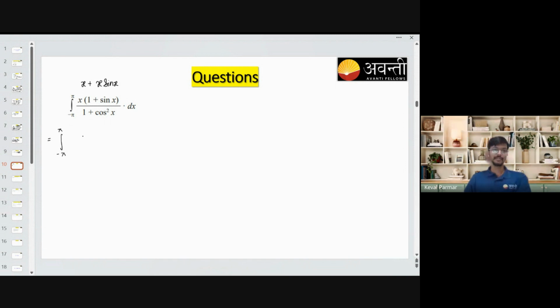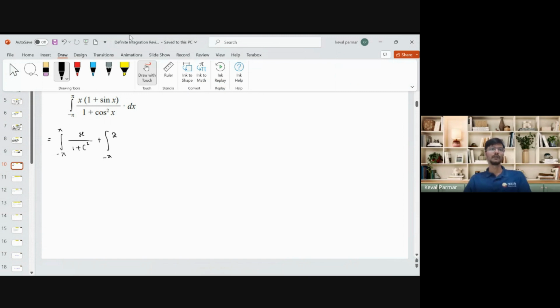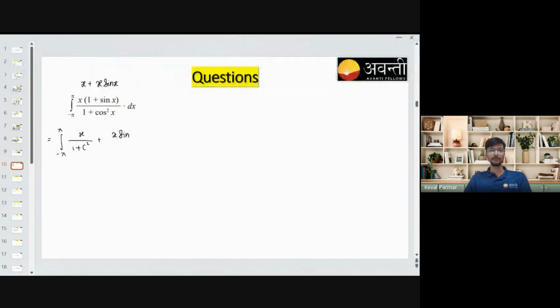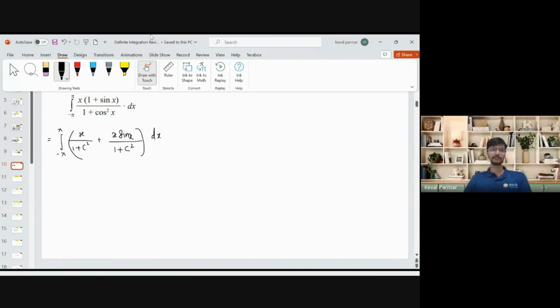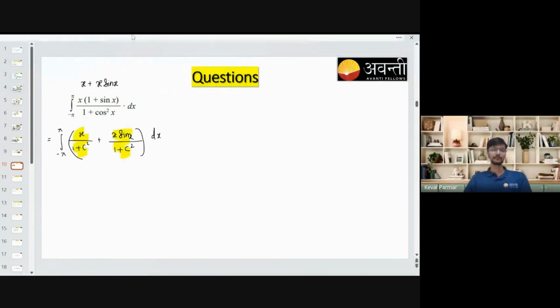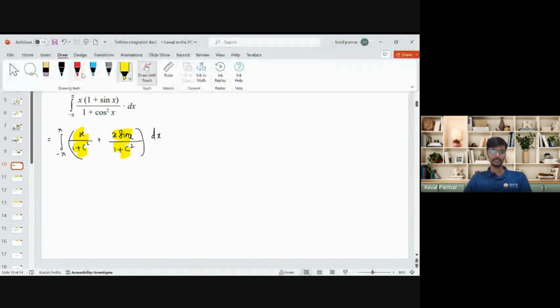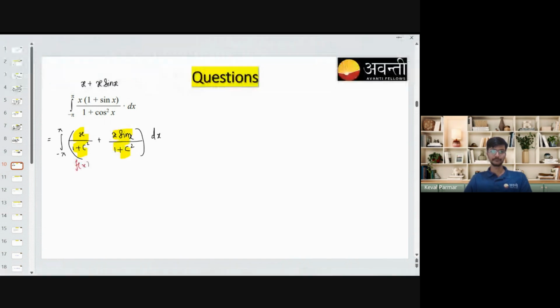And if I split, I'll get x upon 1 plus cos square x, plus x sine x upon 1 plus cos square x, dx, with the integration from minus pi to pi. Now these are two functions, this one and this one. Let's mark them as f of x and g of x.